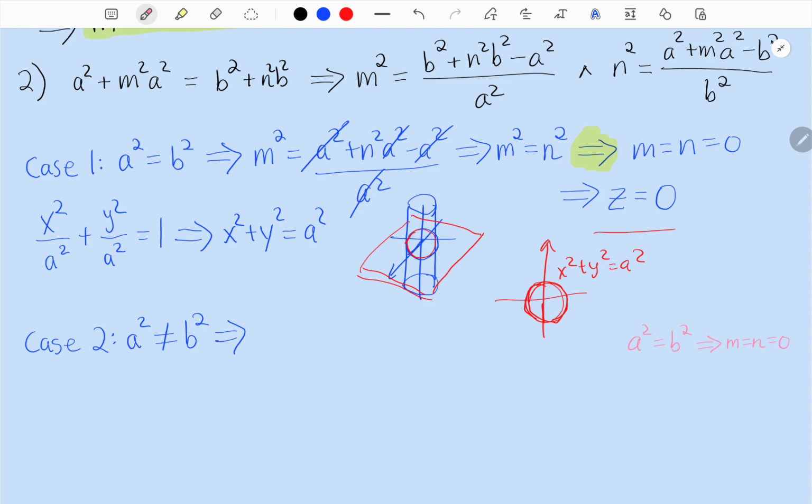But now I want to prove the converse. I want to show that if m and n are both equal to 0, then a squared is equal to b squared. And we'll see later why I did that.